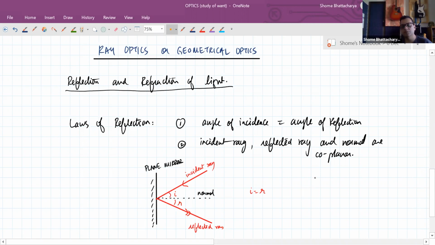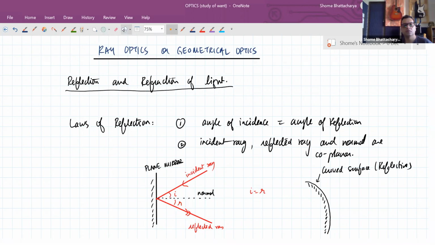Now this idea can always be extended over here, that suppose we have a curved surface which is polished. So this is an example of a curved surface which is reflective in nature. And again we have a beam of light which is incident at some point.